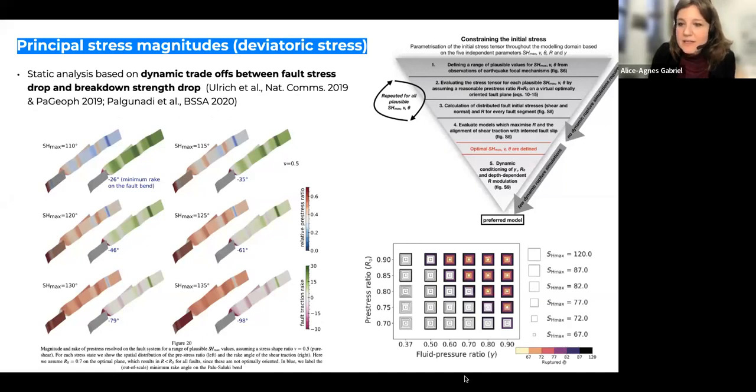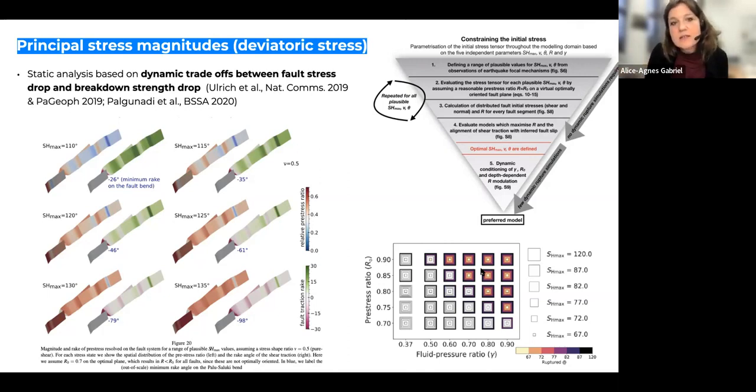We can nicely see that only a few of these models are actually dynamically viable under this relatively strict framework. One of the important assumptions in this framework is that we include fast velocity weakening friction. It's important to balance realistic slip, realistic stress drops, and at the same time have the possibility of rupture jumping from segment to segment.